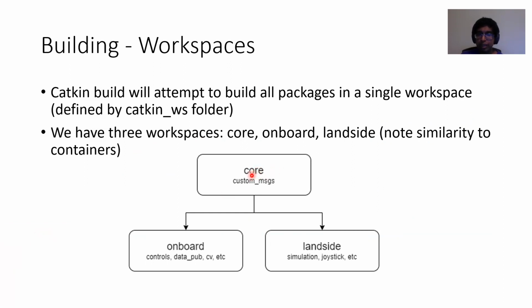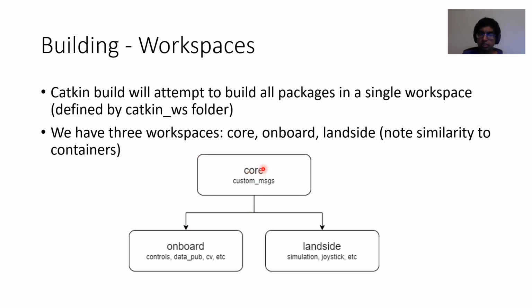We have the core image related to the core workspace, the onboard workspace, which only runs in the onboard container, and the Landsat workspace, which runs in the Landsat container, meaning it's built and you can actually execute stuff when you're in that specific container. That solves the problem of splitting stuff up between onboard and Landsat, making sure that they're built individually and separately.